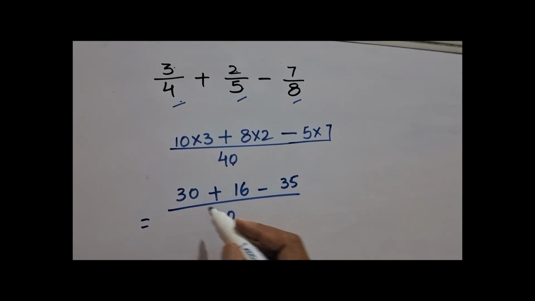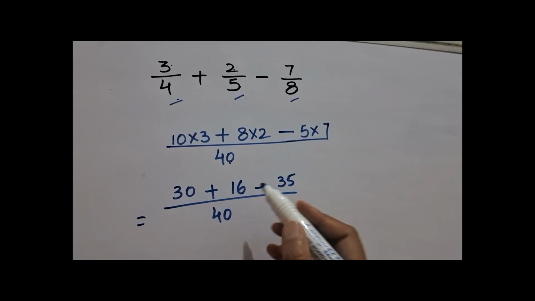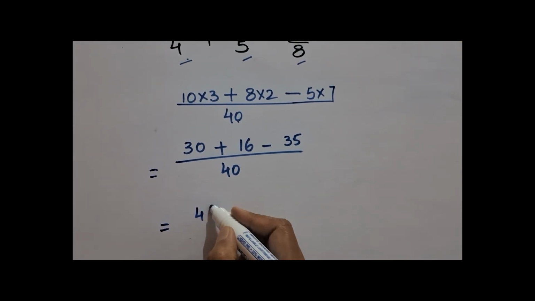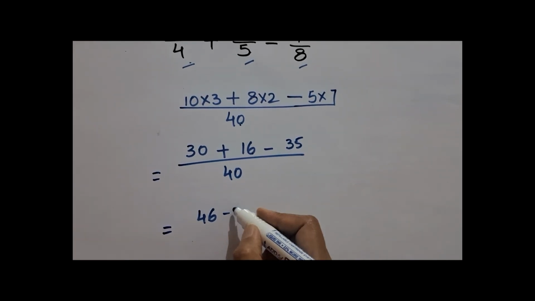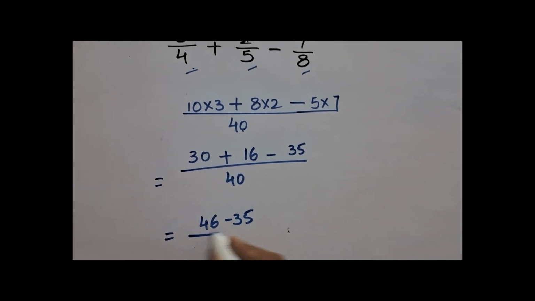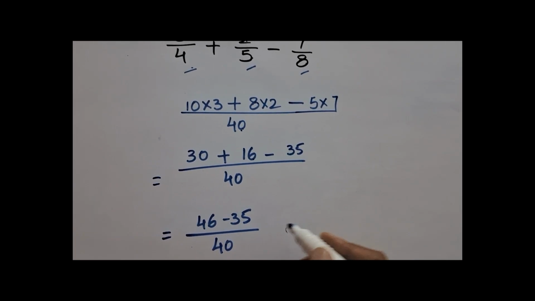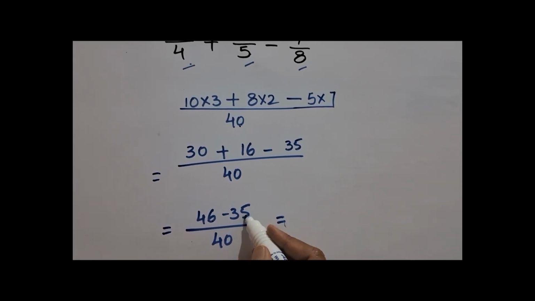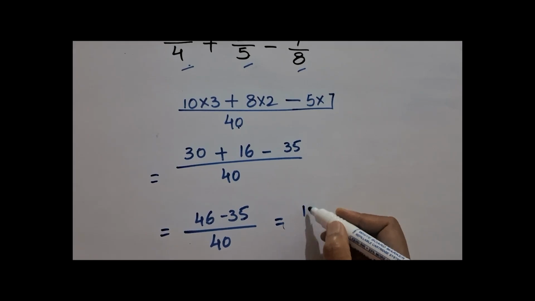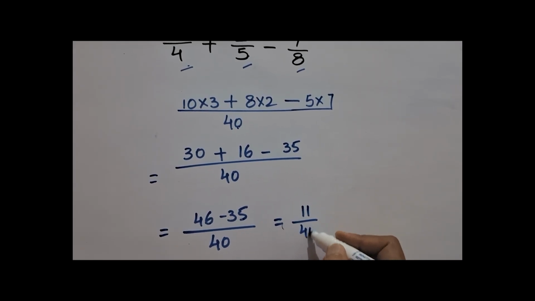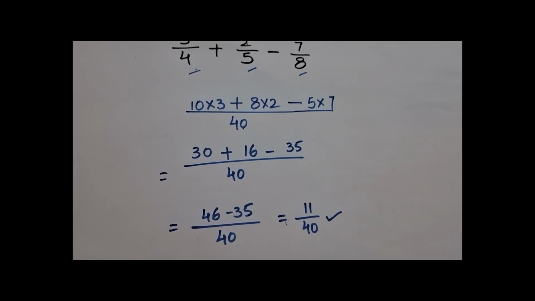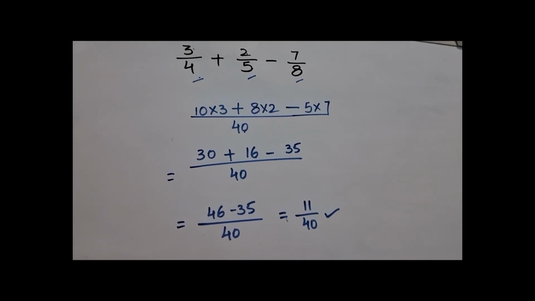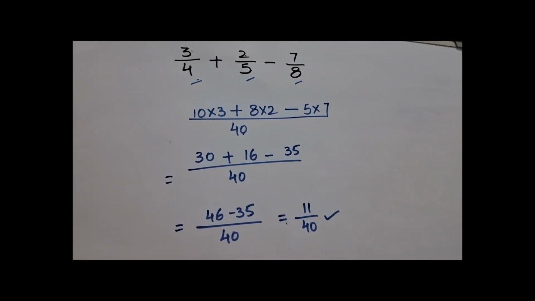And 30 plus 16, how much, children? 46 minus 35 in the numerator and denominator as it is, which is equal to 46 minus 35, 11 by 40. 11 by 40 is the answer, children. In this way, by taking the LCM of the denominators, we can add or subtract fractions, children.